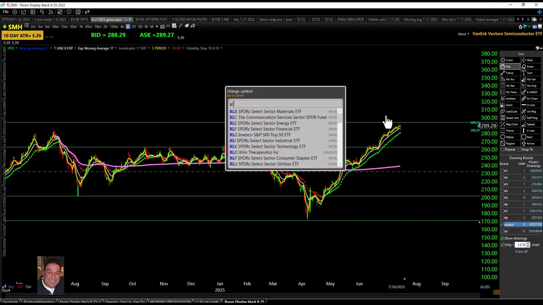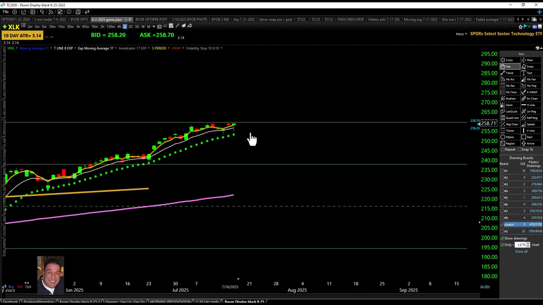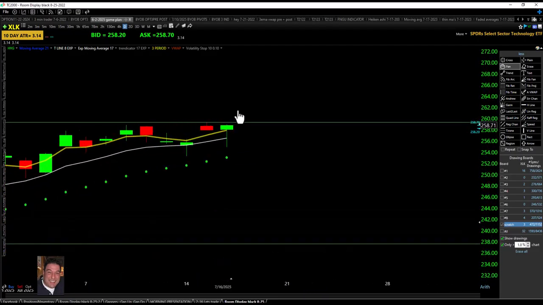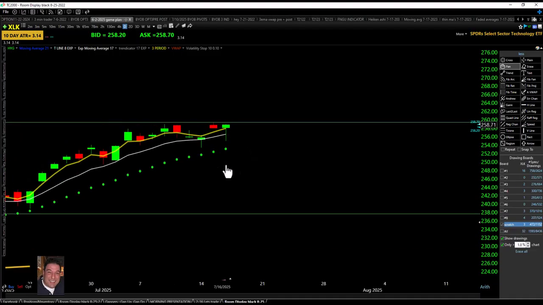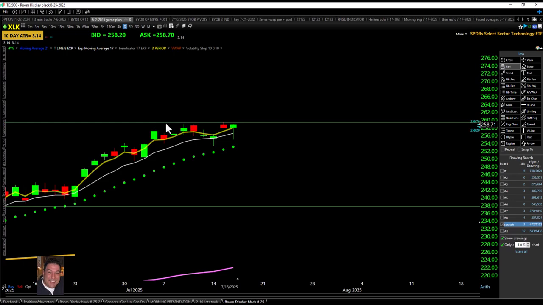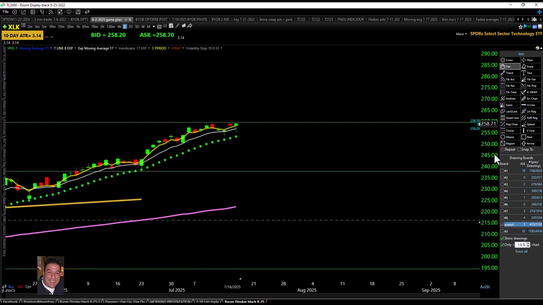Let's take a look at XLK. Okay, XLK is lower high, lower low, closing over a bullish trap over the 17. Look at them hold the higher ground and lean on resistance. That's a nice little grinder box. I got to tell you, that's a launch pad right there, okay?